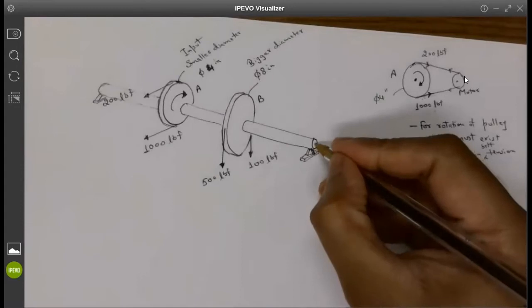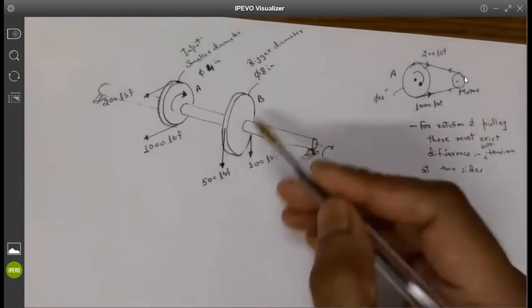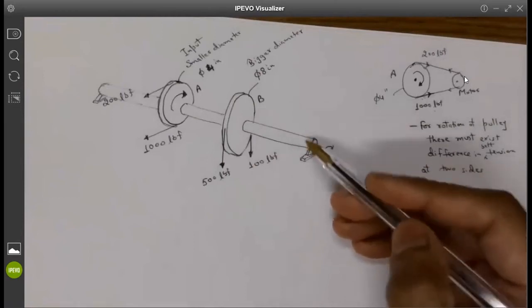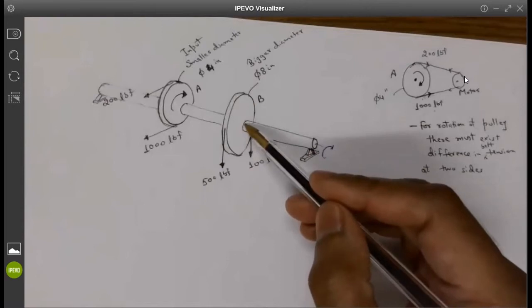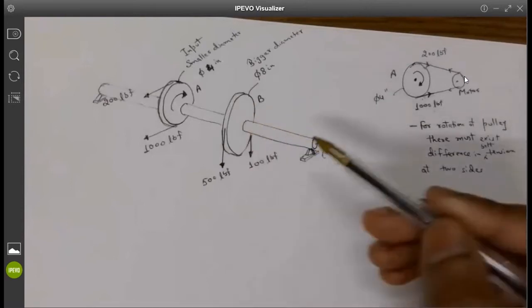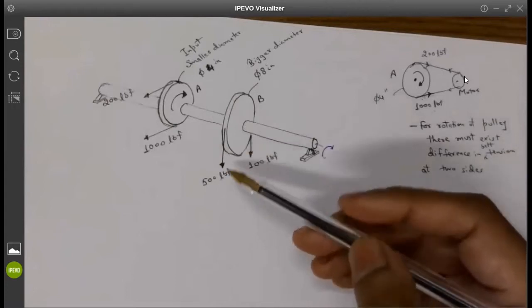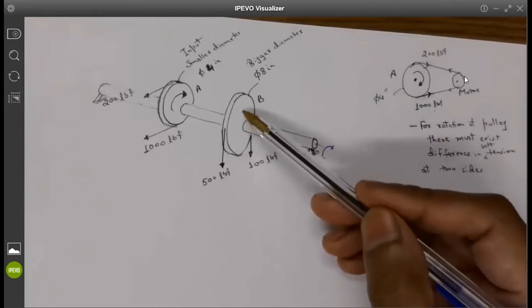So this is basically rotating now. You know that this is rotating clockwise. Now the shaft is rotating clockwise. Assume that these are the bearing supports. And this is another pulley which is driving the load. So there must be a load taking the power output from this specific pulley.